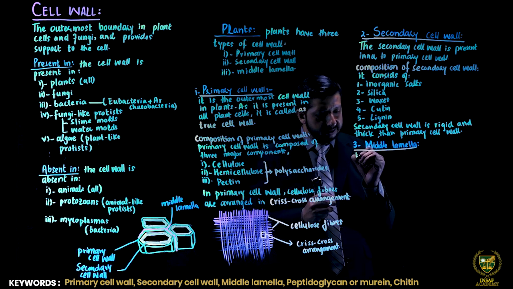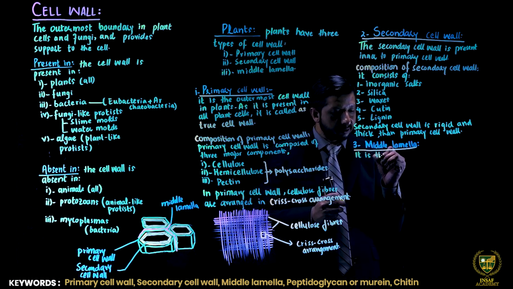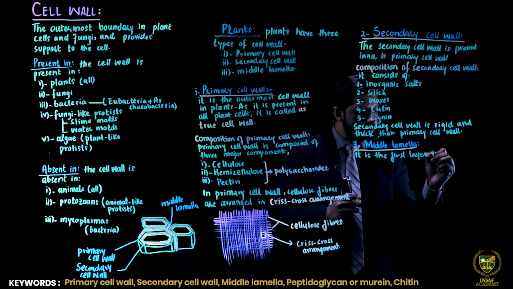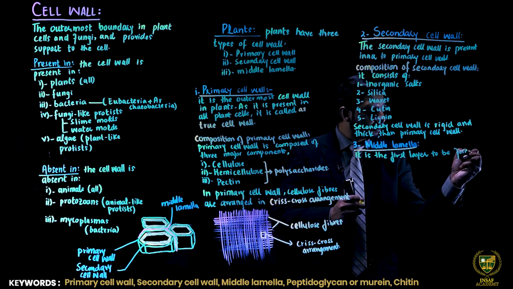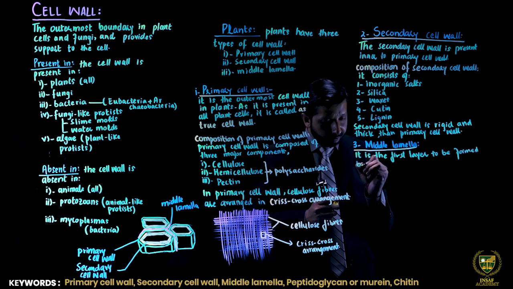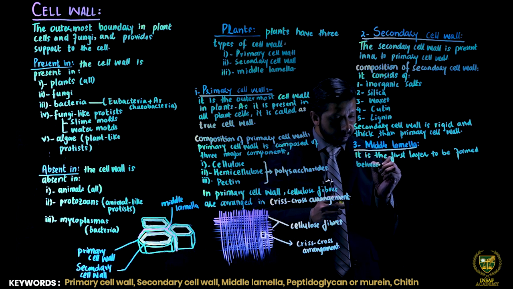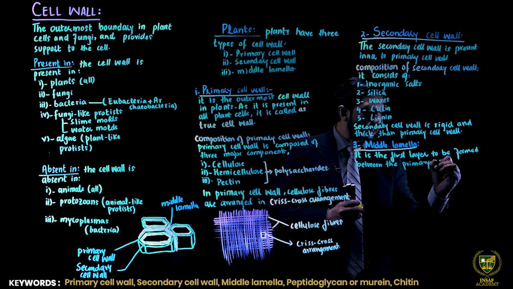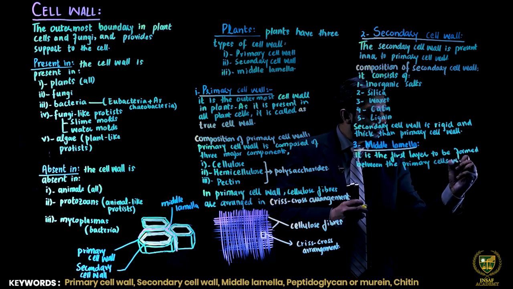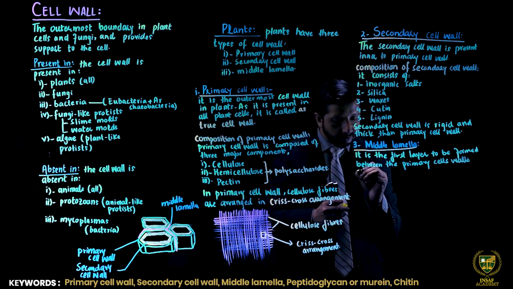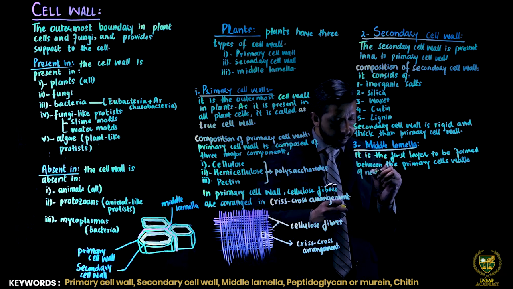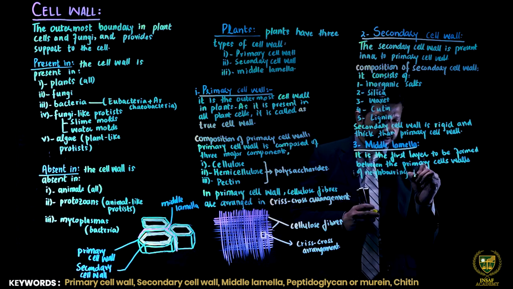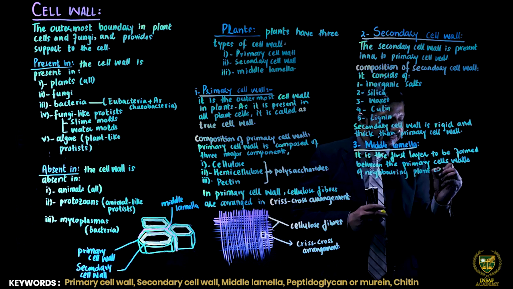So it is the first layer to be formed between the primary cell walls of neighboring or adjacent plant cells.